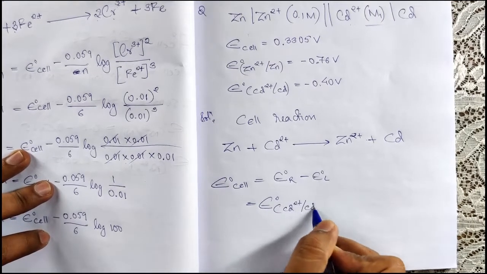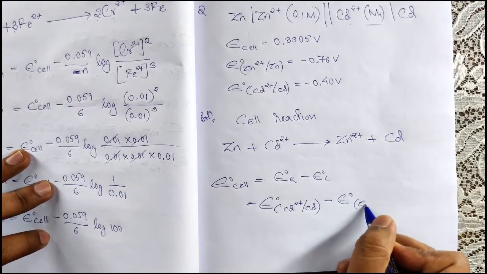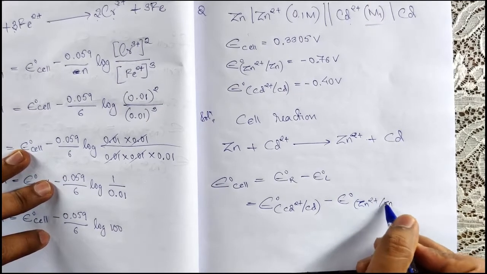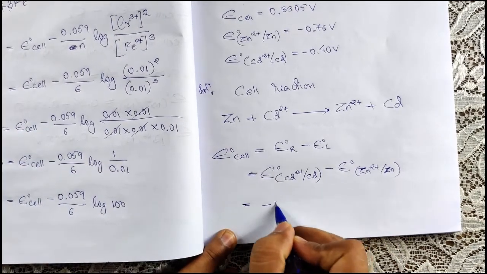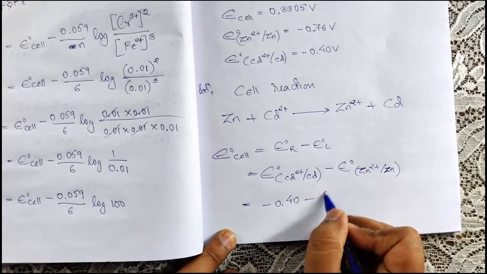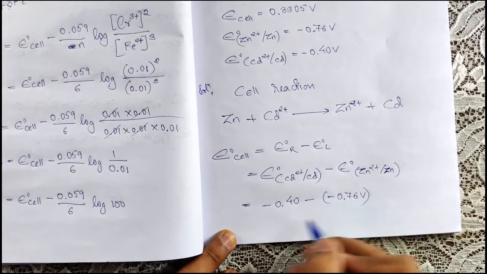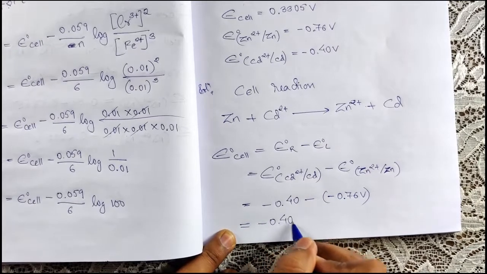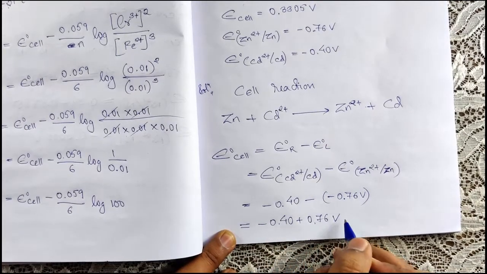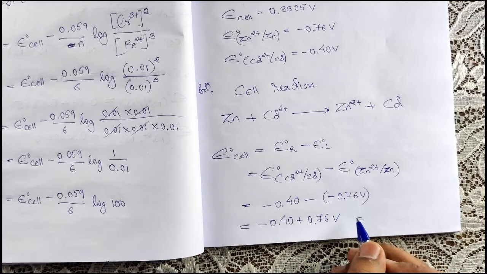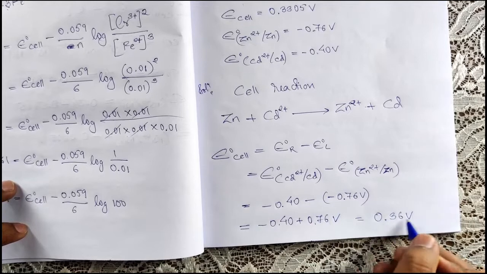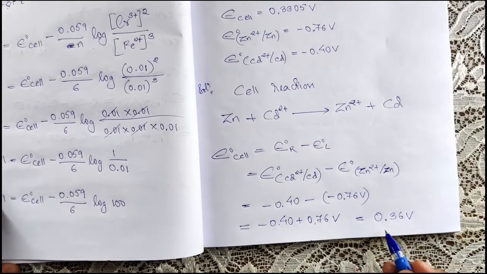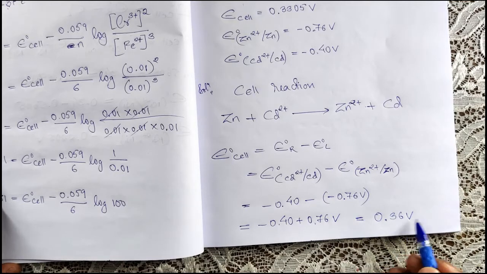Cd 2 plus by Cd minus E naught Zn 2 plus by Zn. So we have 0.36 volt. Our E naught cell will be 0.36 volt.